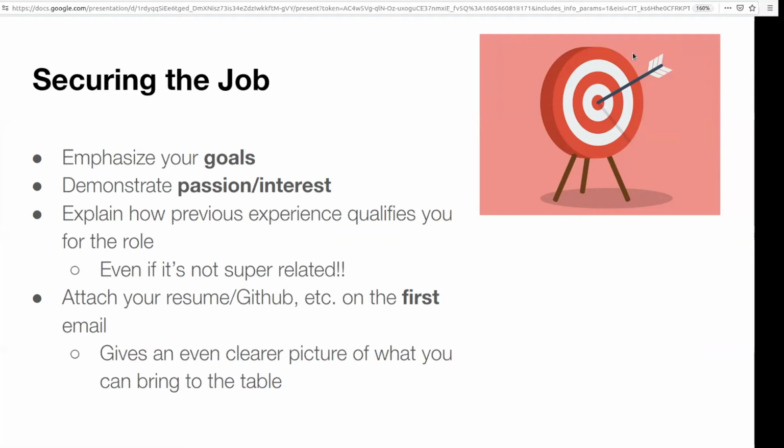Also, explain how previous experience qualifies you for the role, even if it's not super related. As some of you are high school interns, you might not have research experience in a lab, but you might have experience in computer science.